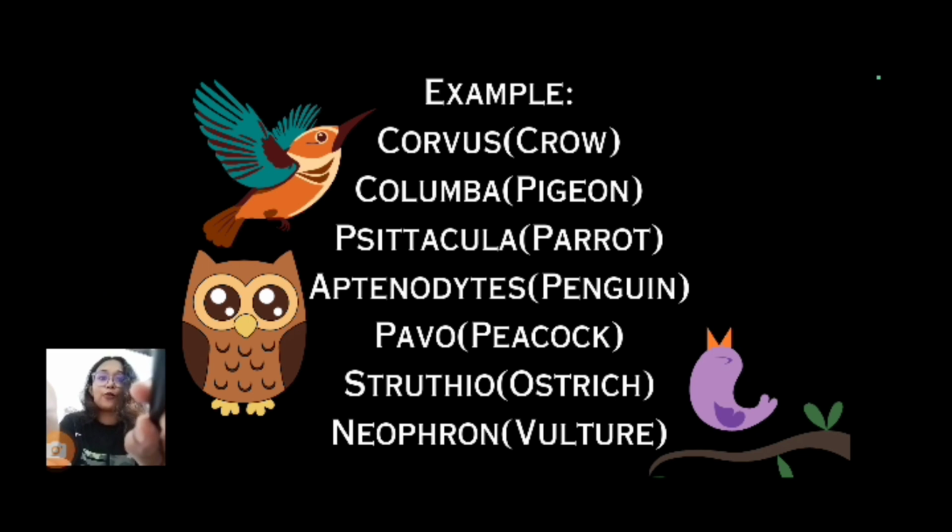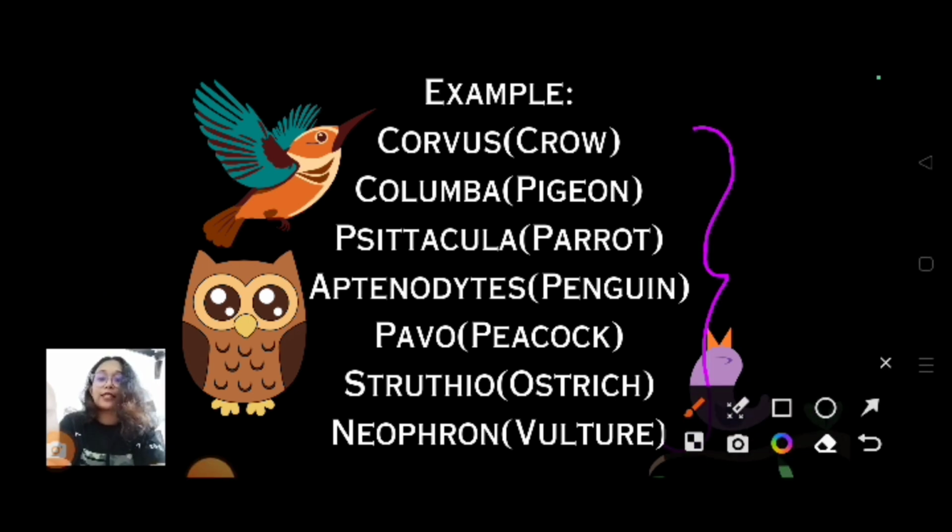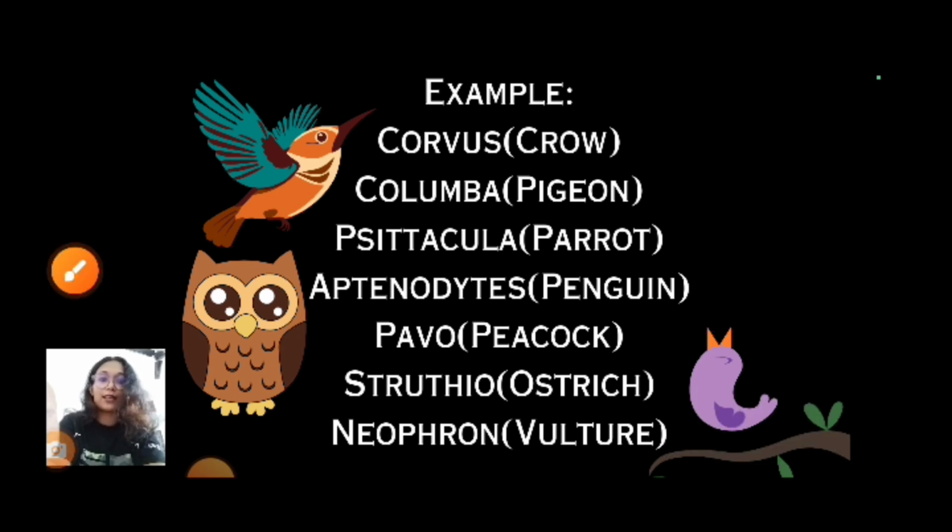These are a few examples, a list of examples of birds which is there in your NCERT. So you can give your own examples also. Crow, pigeon, parrot, peacock, ostrich, vulture, eagles, kingfishers, mynas, etc. You can give your own examples.